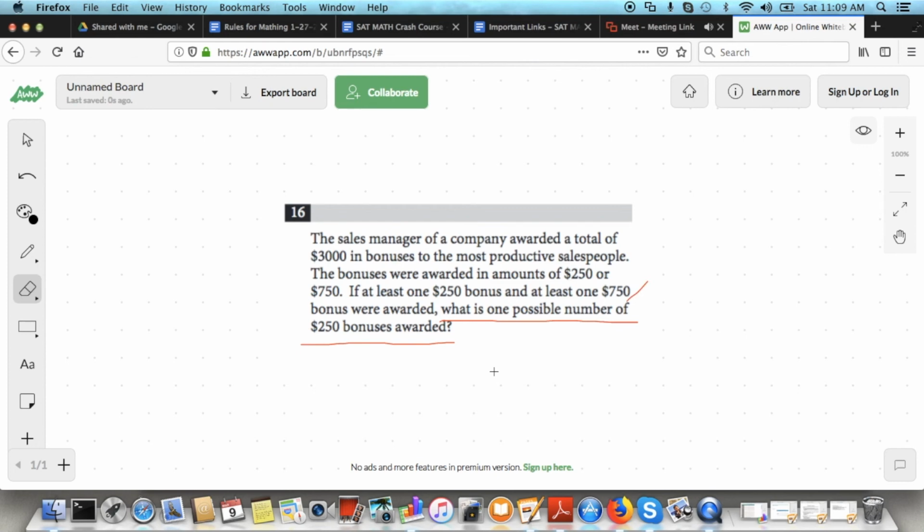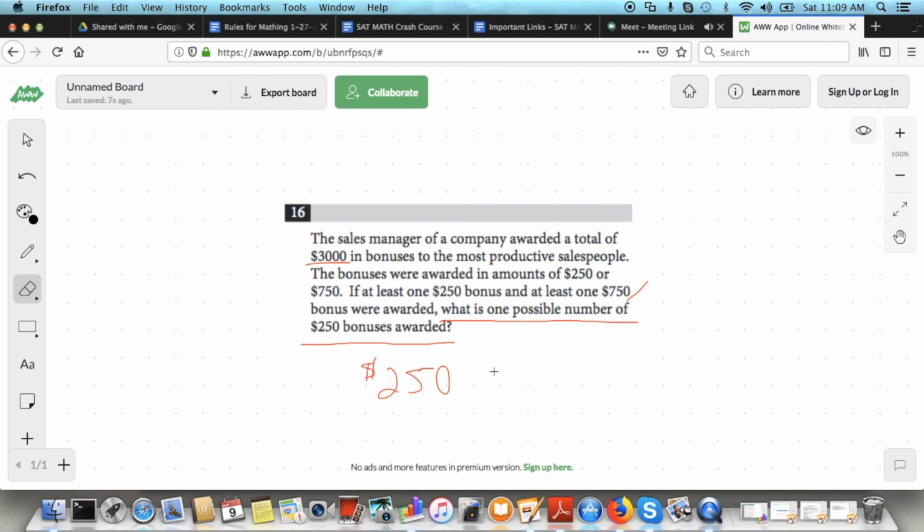Okay, so we're gonna have a $250 bonus. Now, is there any way to add some $750 bonuses to get to $3,000 total in bonuses? Yes. Let's try that. So how many $750 bonuses? I would say to find out, you subtract $250 from 3,000.